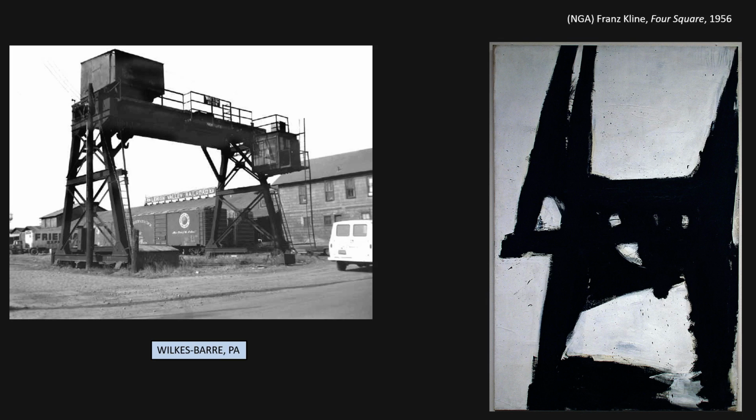And a lot of people have pointed to these old industrial ironworks that were part of the landscape in this part of PA, and how when you see them against the bright sky, you all of a sudden end up seeing things that look very similar to the sorts of things he's painting. He's not representing it, right? But inspired by that stark black and white contrast of these angular forms on a massive scale, right?